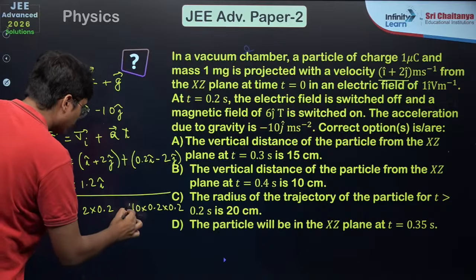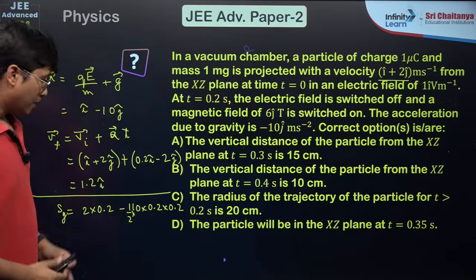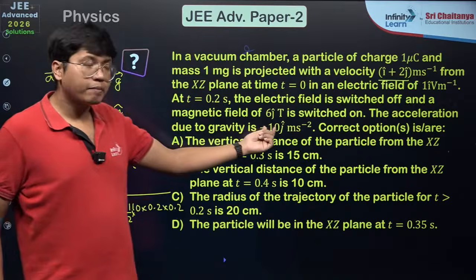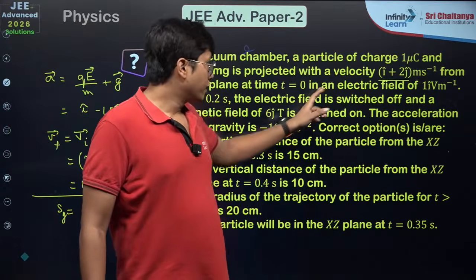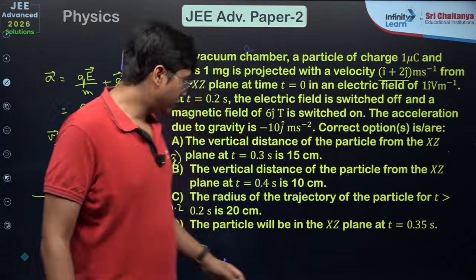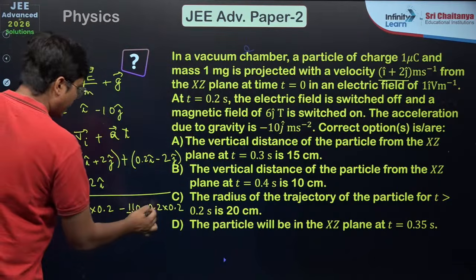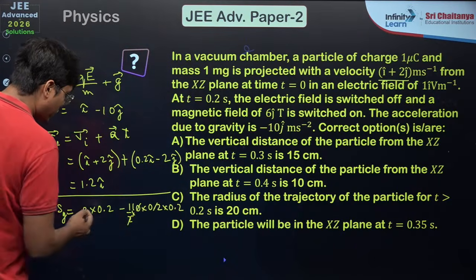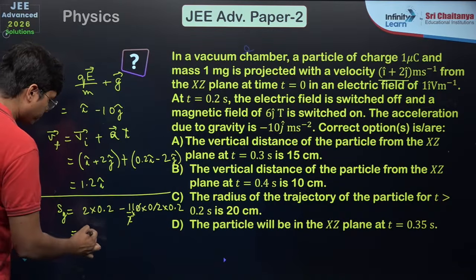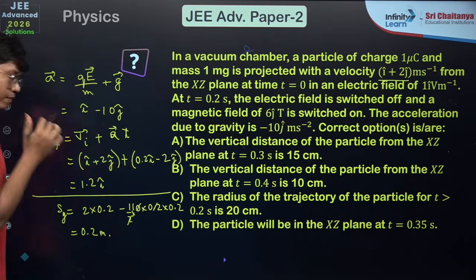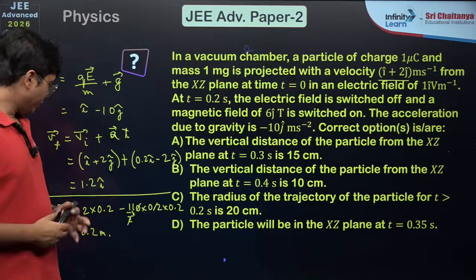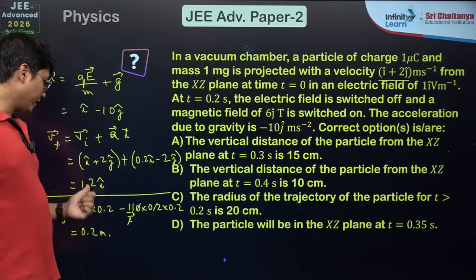Yeah, there's a half also, half at square. Minus because your acceleration is minus 10 j cap. Remember, electric field creates no force. I'm just dealing with that. 10, this is 2, that cancels with this, so 0.4, so 0.2. At the 0.2 second point, already y displacement is this, its velocity is this.